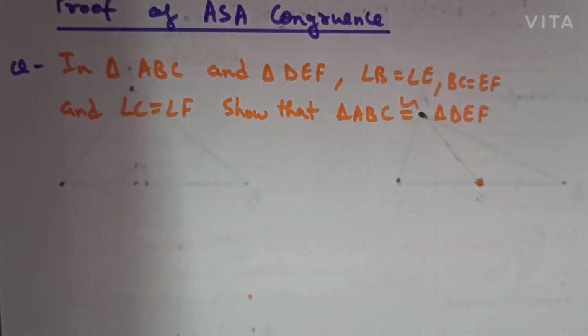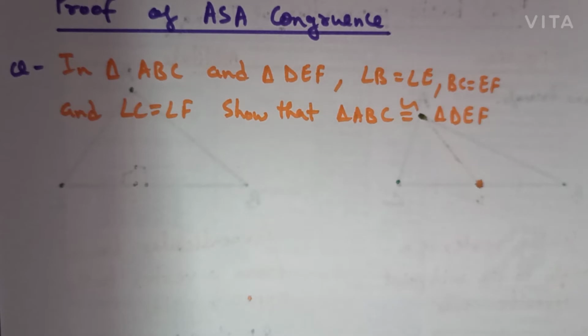So the proof of angle side angle congruence means that if we are given two triangles, triangle ABC and triangle DEF, and it is given that two of the corresponding angles are equal, that is angle B equals angle E, angle C equals angle F, and the included side is also equal, then we have to prove that the two triangles are congruent.